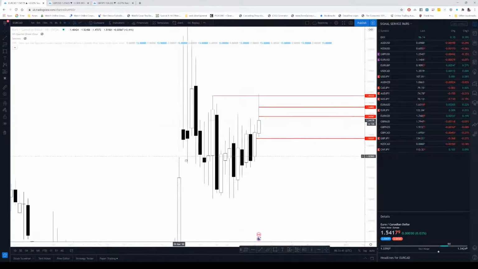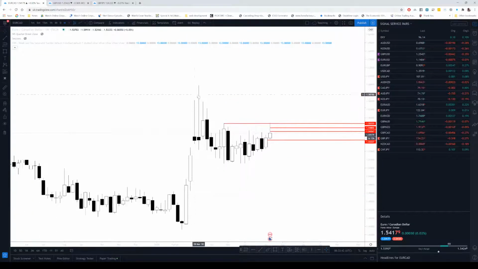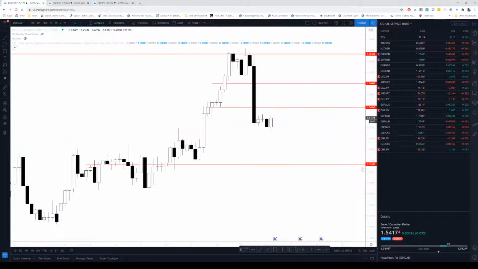We start the week, price goes all the way up and then rejects and comes all the way back down and closes bearish. That's what I'll personally be looking for if I was taking this trade. I'll watch this one and that one. Check these two levels, wait for price to get there and give you a swing high formation, and if it does, then you can take a trade to the downside.